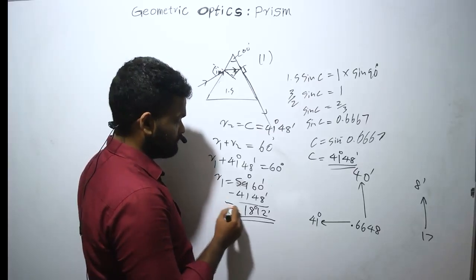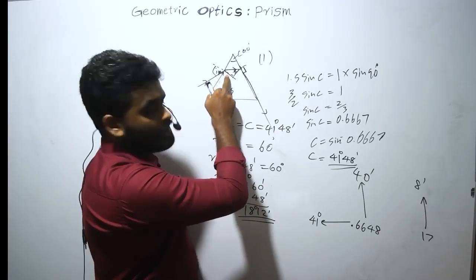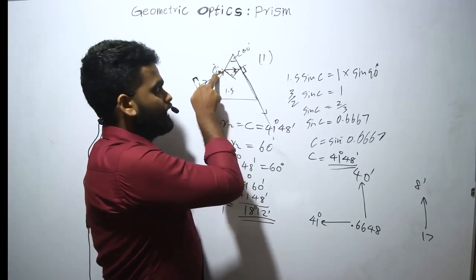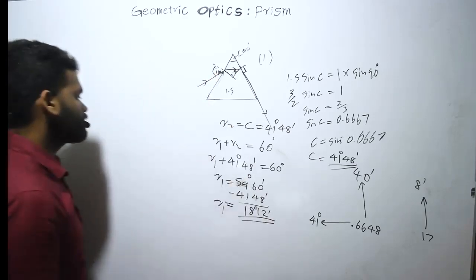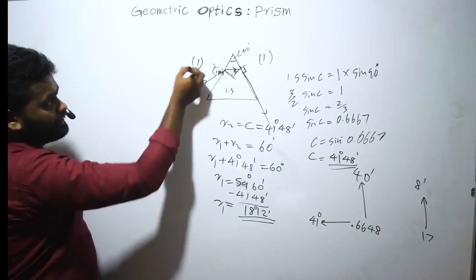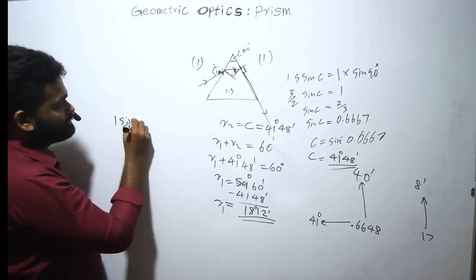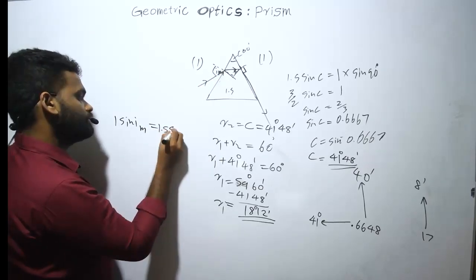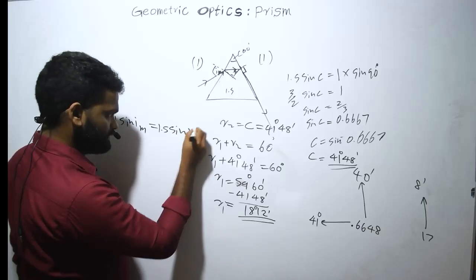So that is the value of R1, here, right? If you know R1, you can again apply Snell's law to find Im. Let's apply Snell's law again. Refractive index here 1, sin Im equals refractive index here 1.5, sin R1. That value we found, 18 degrees 12 minutes.